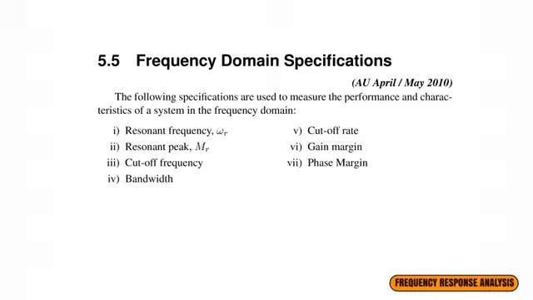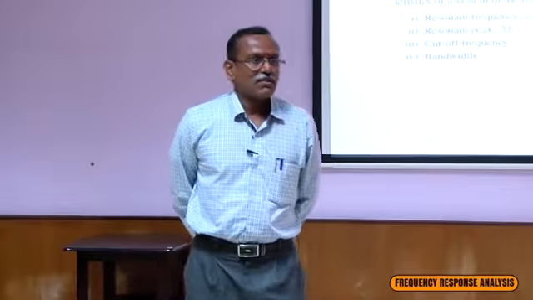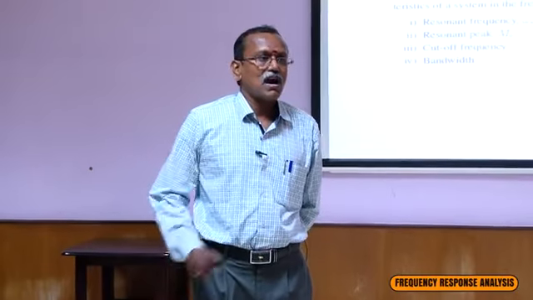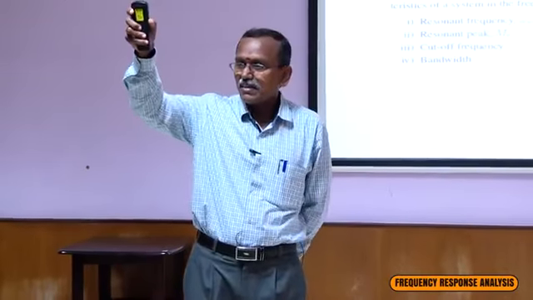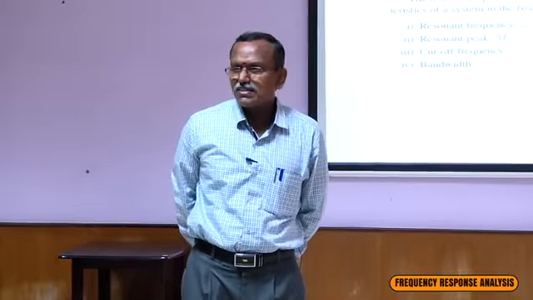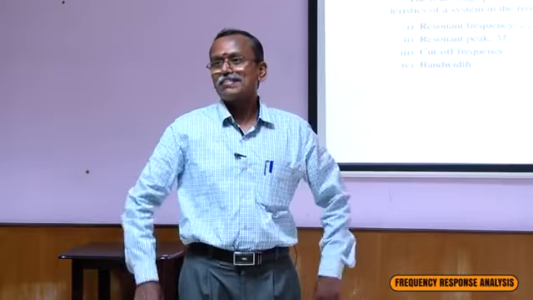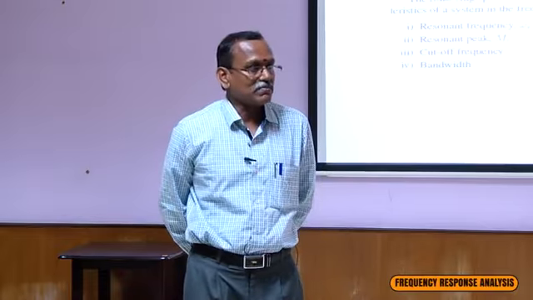What are the various types of frequency domain specifications? First, what are the time domain specifications? How quickly it reaches the final steady state value: settling time. How quickly it reaches the final steady state value the first time: rise time.